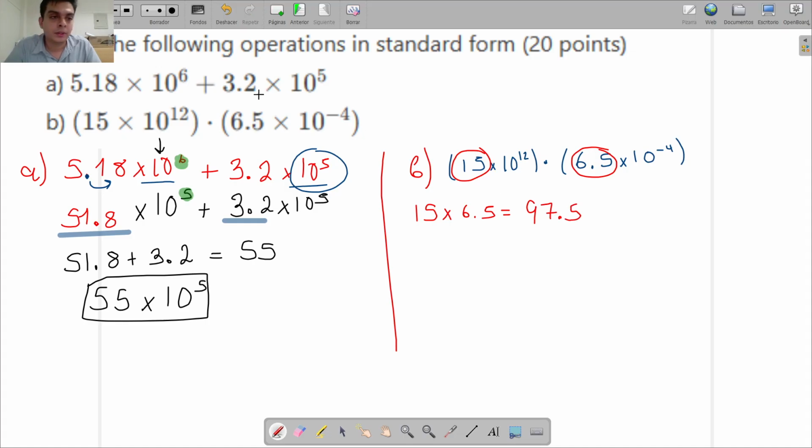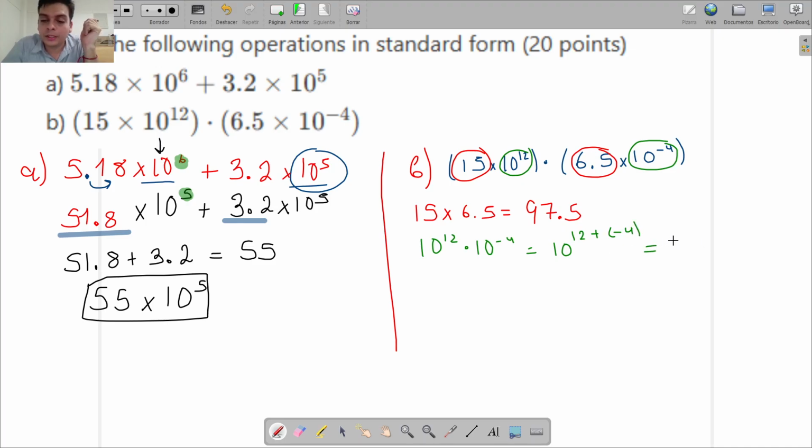97.5. Now, be careful with this step. Here, when we have to multiply 10 to the power of 12 times 10 to the power of minus 4, what happens with this 12 and minus 4 is that we have to add them. So we have 12 plus minus 4.